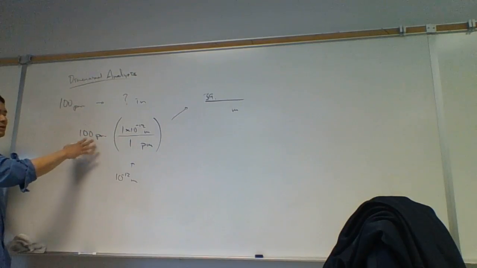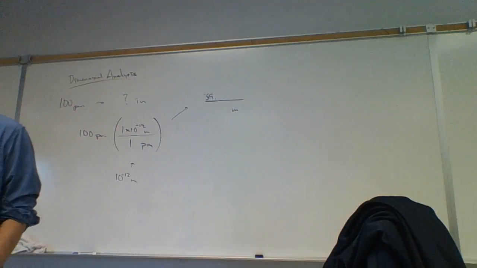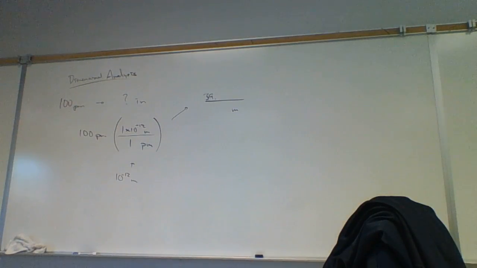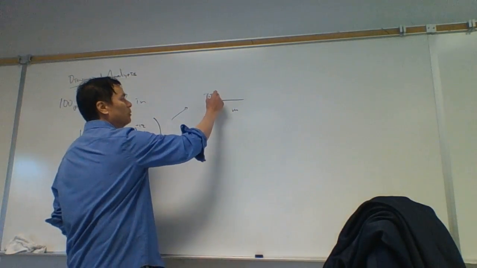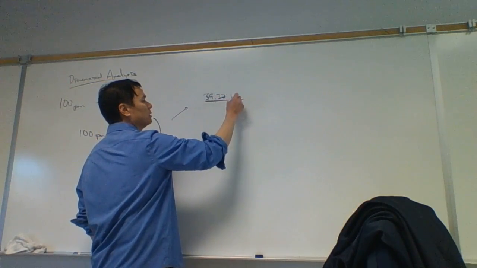But the number of sig figs varies depending on what it is. Is it exactly 100 picometers? If it's exactly 100 picometers, then we won't have infinite sig figs, so we want to use a lot of sig figs. If it's 3 sig figs, then we'd want to use 4. And so if we use 4, that would be 39.37 inches per meter.